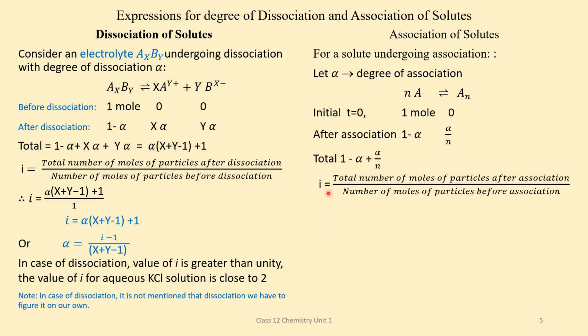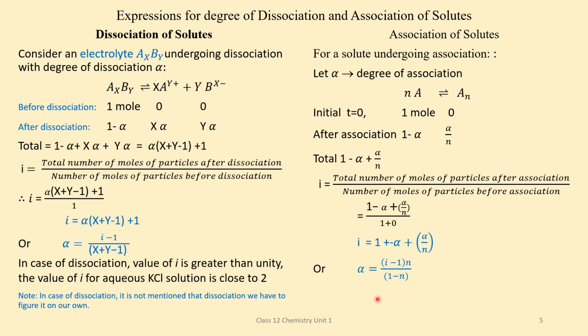So, again by definition, i is equal to the total number of moles of particles after association divided by the number of moles of particles before association. So that is equal to 1 minus alpha plus alpha by n divided by 1. So that becomes i equal to 1 minus alpha plus alpha by n. Or rearranging, alpha is equal to (i minus 1) into n divided by (1 minus n).